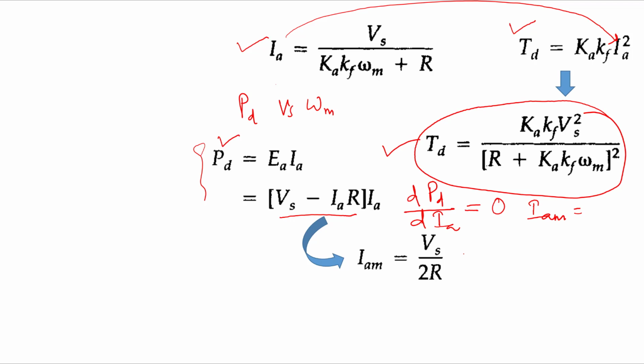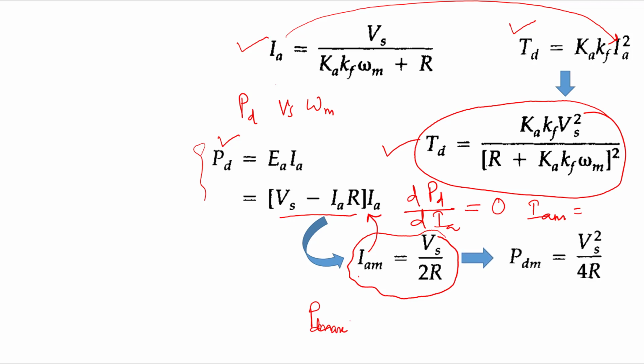After differentiating and equating to 0, I found IAM is equal to Vs by 2R. Now if I substitute this IAM in the PD equation, I get PD max, the maximum developed power produced. So I find PDM will be Va squared by 4R. You can check this, you will find the same thing.